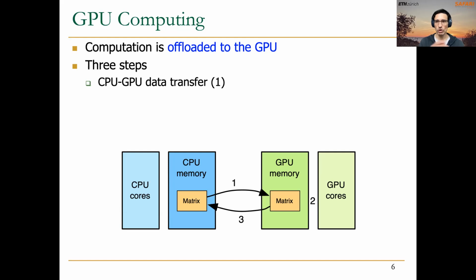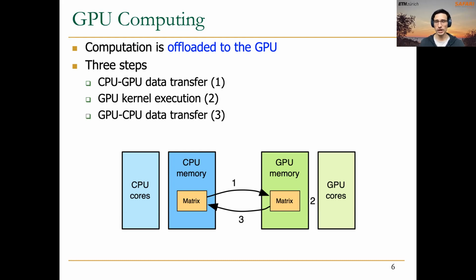In the first step, we transfer data from the CPU memory to the GPU memory. Then we launch a GPU kernel, or a function that is executed on the GPU, for execution and computing by the GPU cores. And finally, we transfer back results from the GPU memory to the CPU memory.